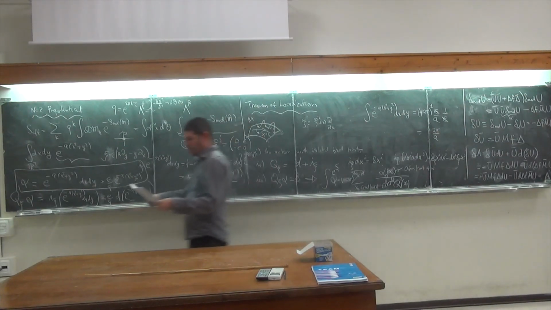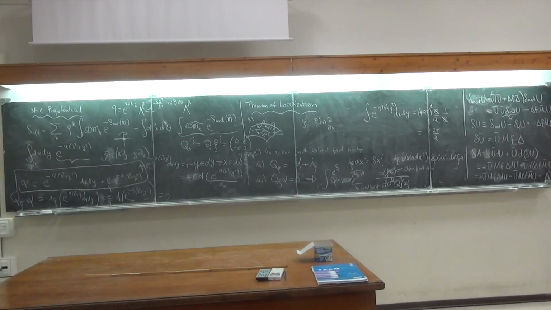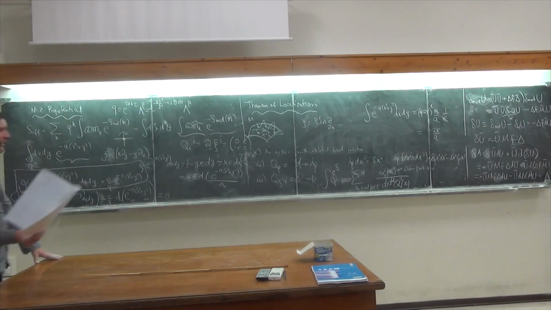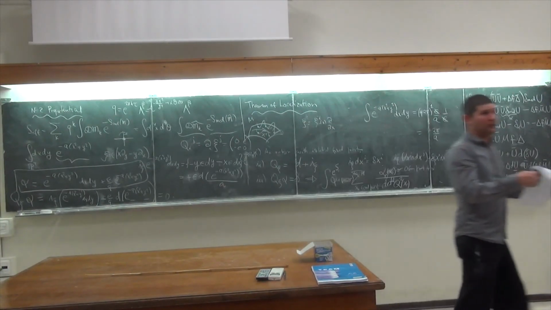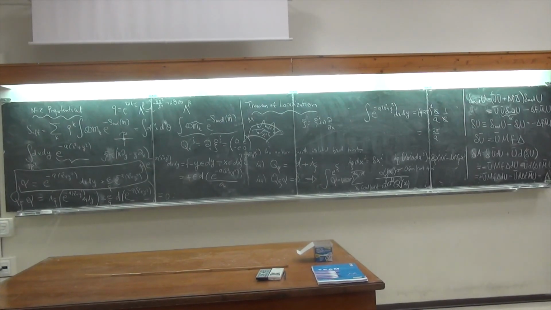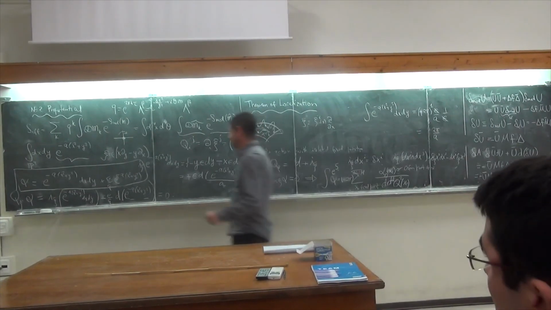We will compute this prepotential in general for n equal to, or maybe make a simple example. And then I will devote half an hour to the idea of the Seiberg-Witten curve.